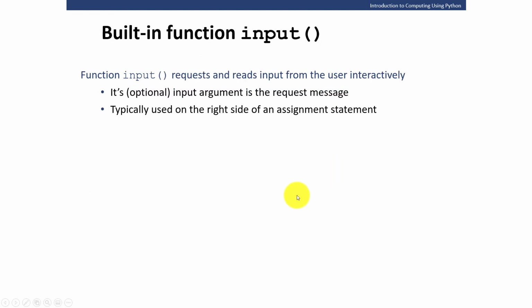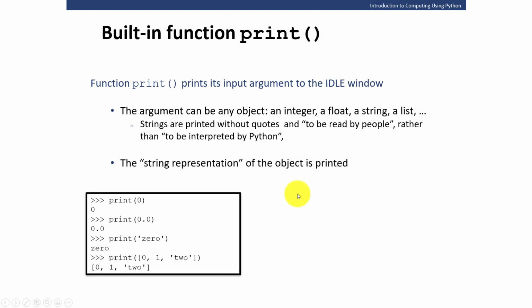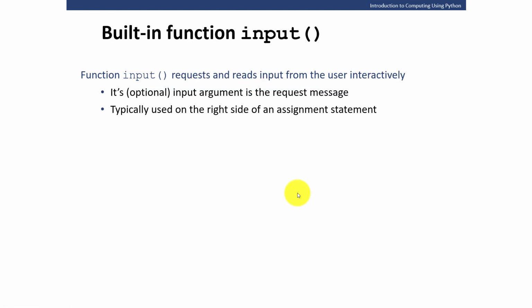Okay. Now, what if I would like to input a value to the program, and request that value to be entered interactively by the user? We have covered the built-in function print.